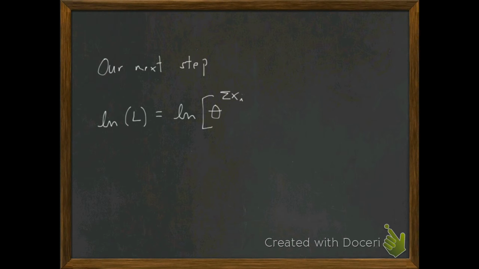Now our next step is to take the natural log of the likelihood function. So the natural log of the likelihood function, which we just created, will be the natural log of theta to the sum xi times 1 minus theta to the n minus sum xi.